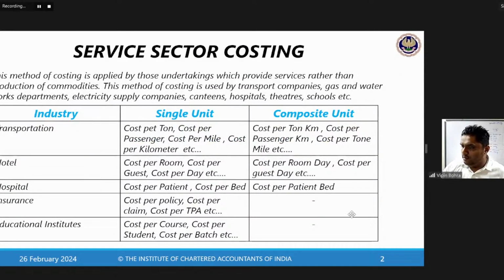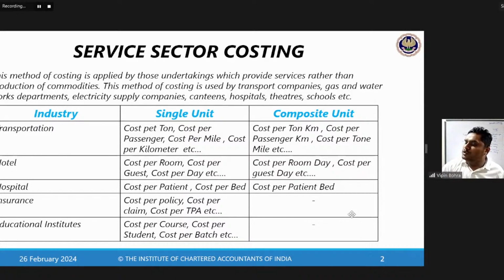So when talking about service costing, this method of costing is applied by those undertakings which provide services rather than production of commodities. This method is used by transport companies, gas and water works departments, electricity supply companies, canteens, hospitals, theaters, schools, etc. In the transportation industry, single unit can be cost per ton, cost per passenger, cost per mile, cost per kilometer.